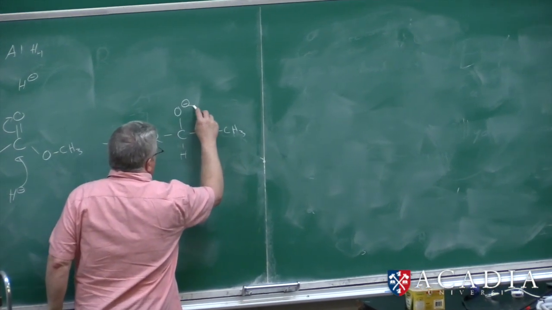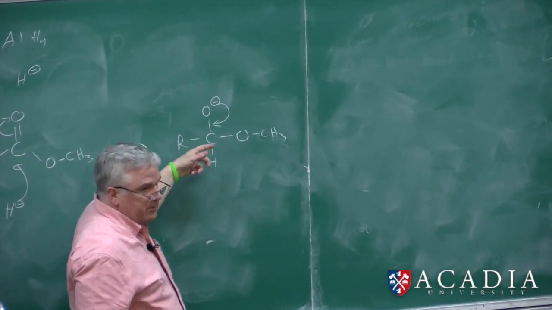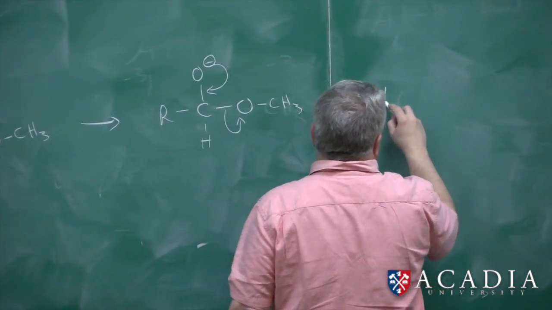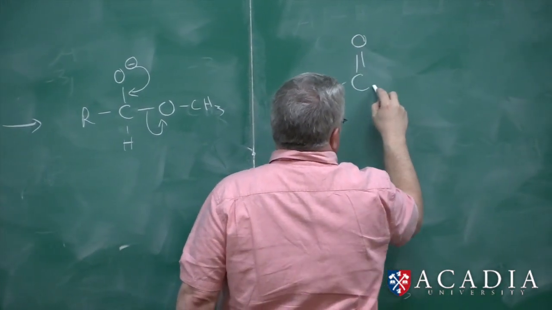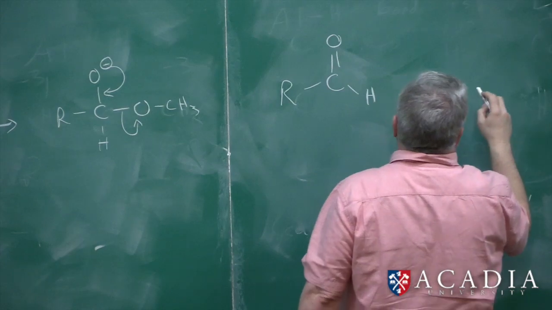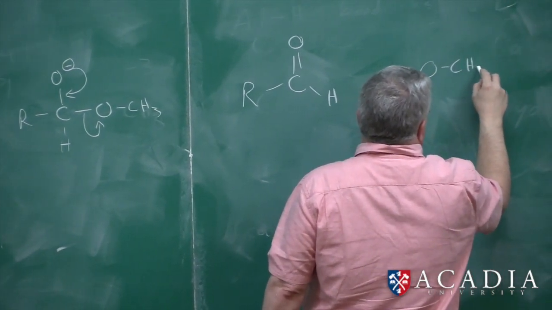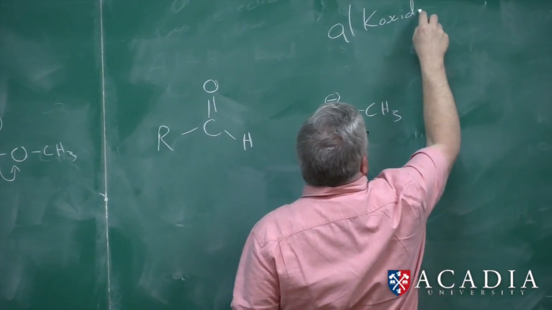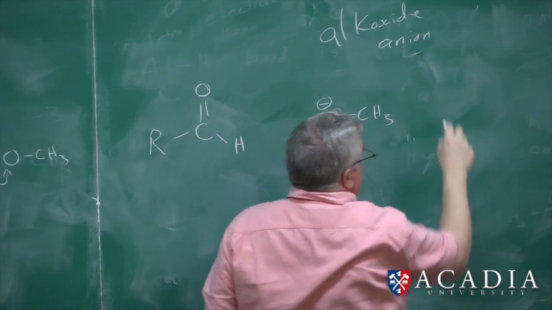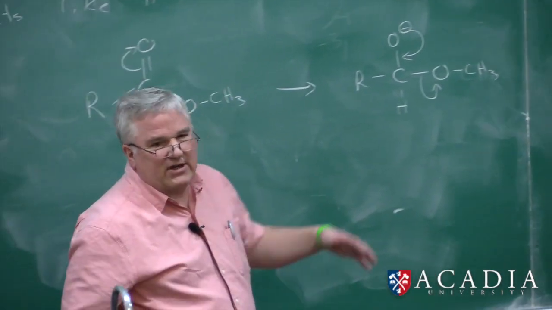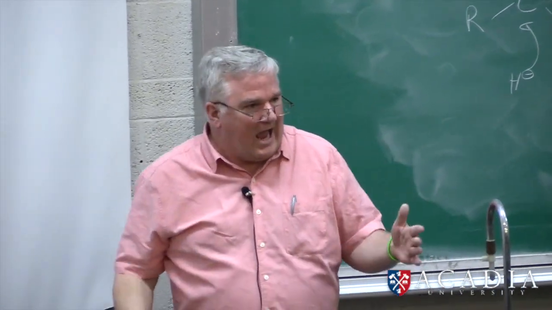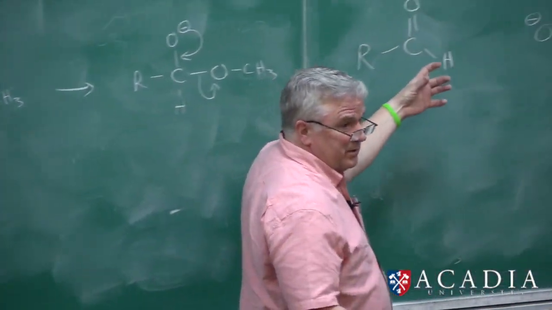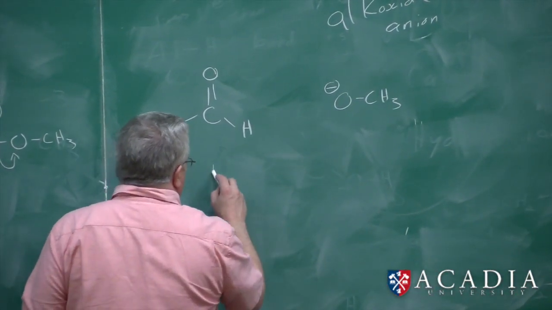That negative charge is going to reform a carbon-oxygen double bond, and it's going to kick out this group to give us an aldehyde and an alkoxide anion. Okay? But there's lots of lithium aluminum hydride around, and lithium aluminum hydride will reduce any carbonyl group. And what do we have? We have a carbonyl group. Okay? So this will just react with more.